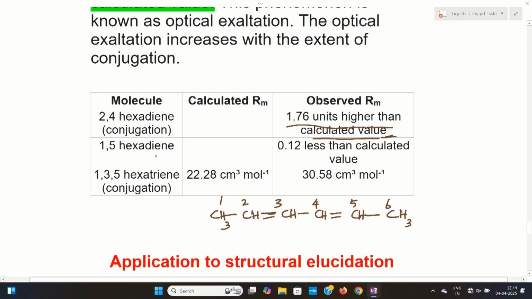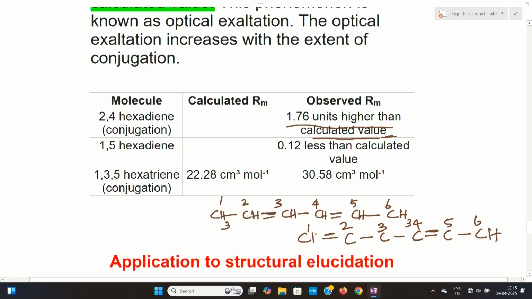Second is 1,5-hexadiene. This is first carbon, second carbon, third carbon, fifth carbon, sixth carbon. In the first position we have a double bond, and in the fifth position we have a double bond.